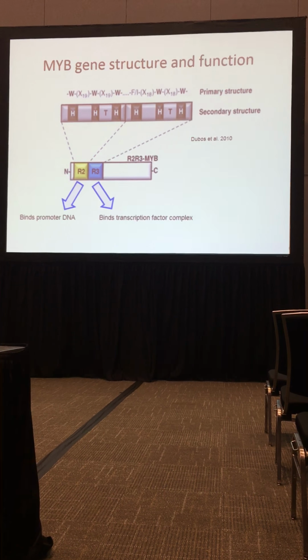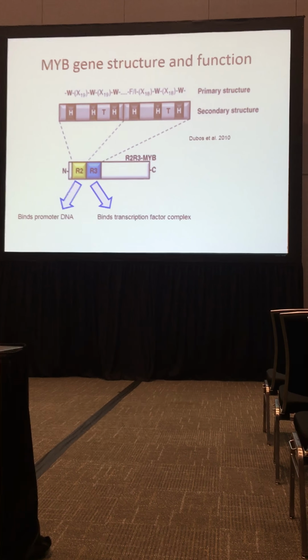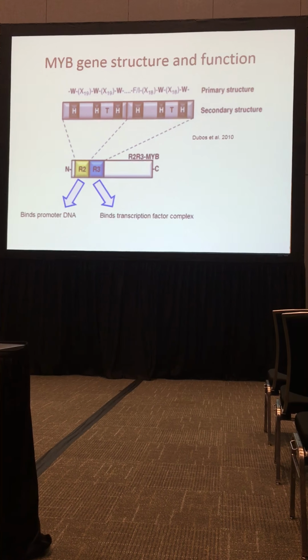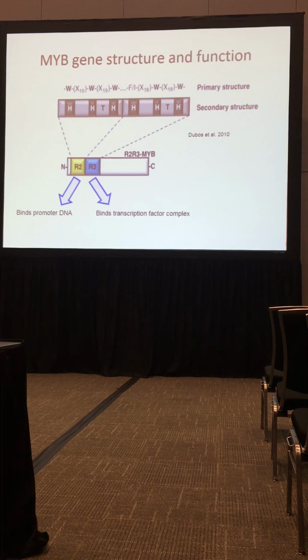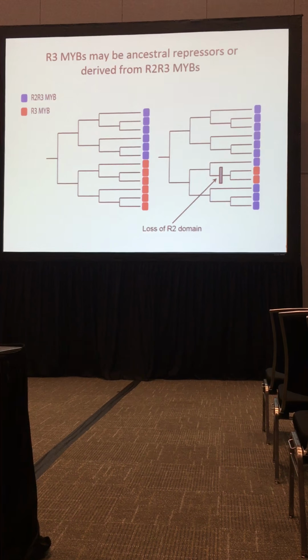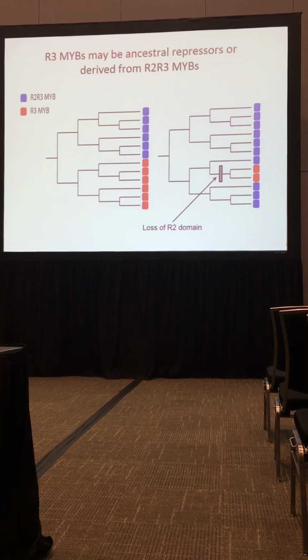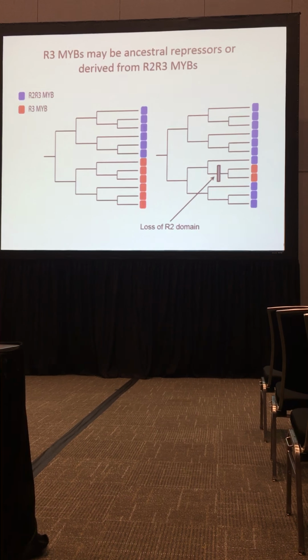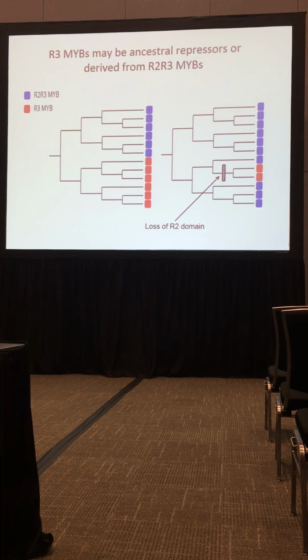And so that's sort of our null expectation, because this is the known function for these R3 repressors. If this is the case, we know that these R3 repressors form a really distant, ancient clade within the angiosperms.